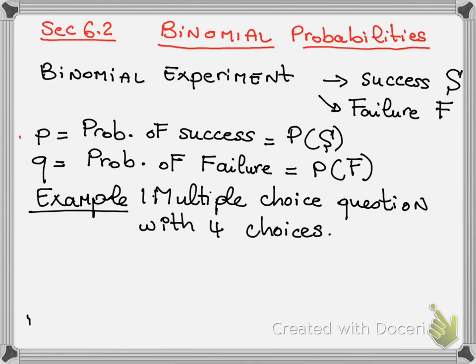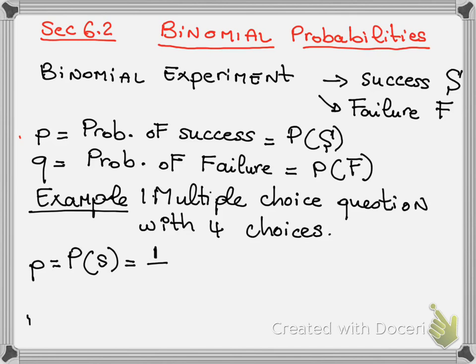So now, what will be the probability of success? So what will be P? Well, probability of success, P, is to answer the question correctly, right? So now you have four choices. There is only one correct answer out of the four choices.